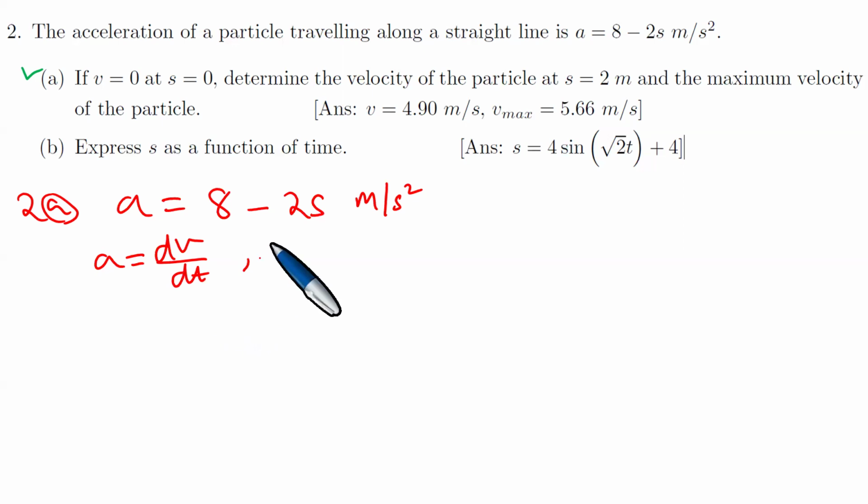Acceleration is dv dt, but also v is ds dt. So we use these two equations. We use the fact that acceleration is dv dt, but also velocity is ds dt.